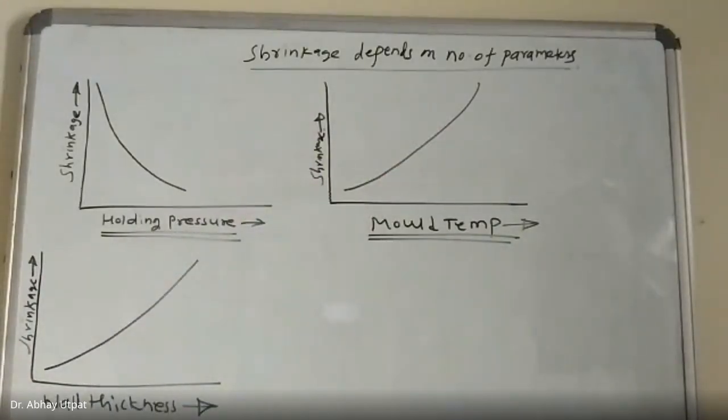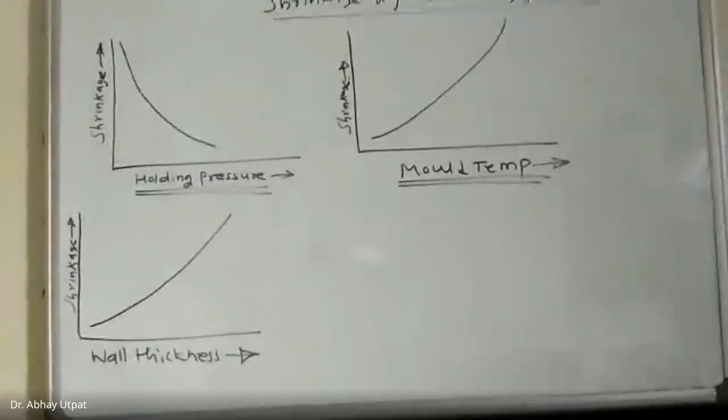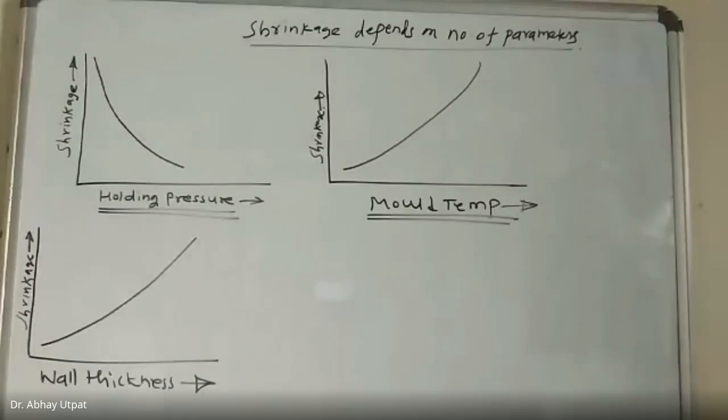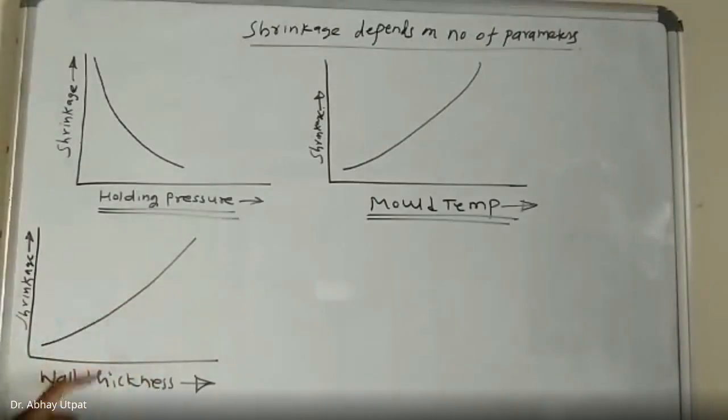This graph, whether it is visible, just check. Wall thickness. This third graph is wall thickness. As wall thickness increases, shrinkage increases.